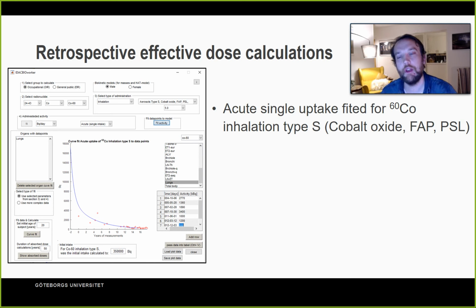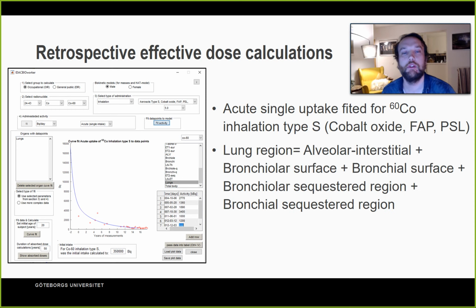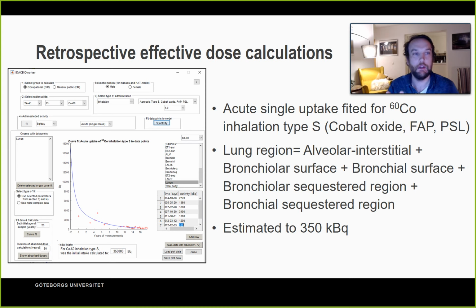From this data we saw that it was probably an inhalation of type S, which is for cobalt oxide. We plotted the biokinetic curves for the lung regions and summed them up, and then we fitted this lung activity to the data points, changing both the initial activity and where on the slope the data point fits best.